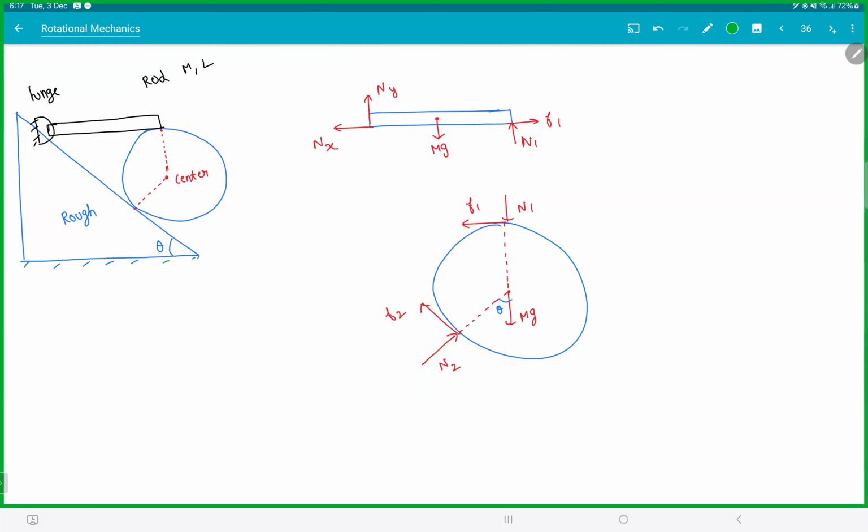Anyone not convinced with the FBD, please ask. And why is that angle theta? Geometry, figure it out. If you can't figure out, I'll show you anyways.